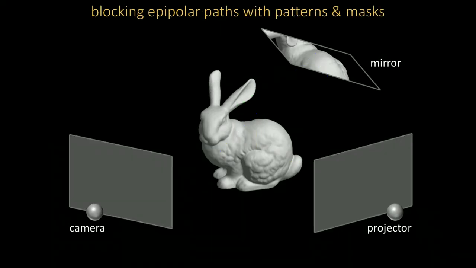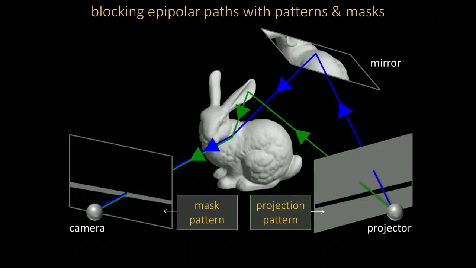So let's say we want to capture an indirect-only image. Well, we can do the following. We can start by turning on all projector pixels except those on a specific epipolar line, and then only exposing the camera pixels on the corresponding epipolar line.